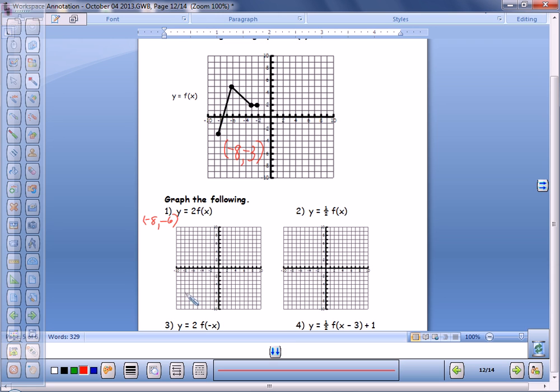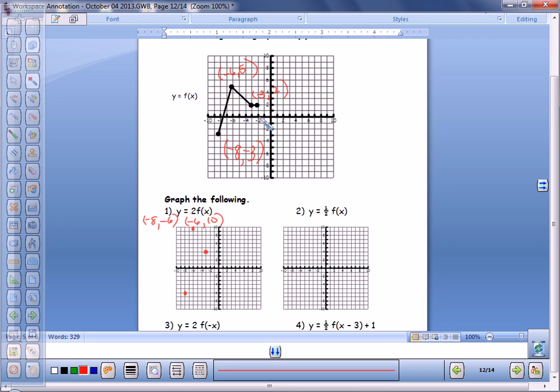If we take this point, which is -6, 5, and we double the y, we get negative 6, 10. So this point, negative 6, 10, should be on this graph. If we take this point, which is negative 3, 2, and we double the y, we get negative 3, 4.